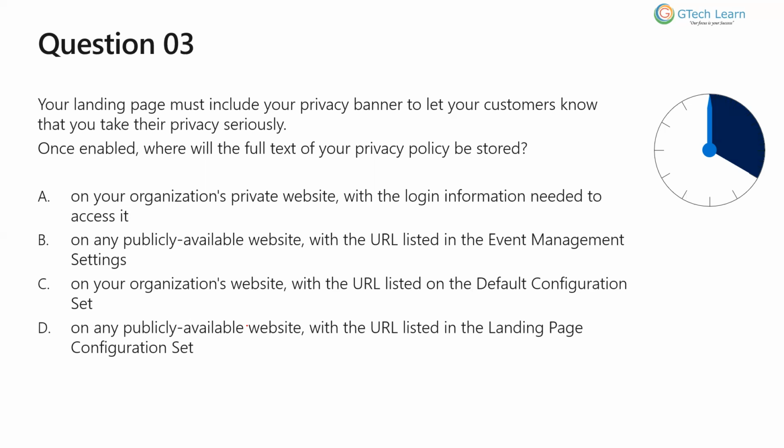Option B, on any publicly available website with the URL listed in the event management settings. Option C, on your organization's website with the URL listed in the default configuration set. Or option D, on a publicly available website with the URL listed in the landing page configuration set. Your answers on the chat, guys, and let me start the timer.